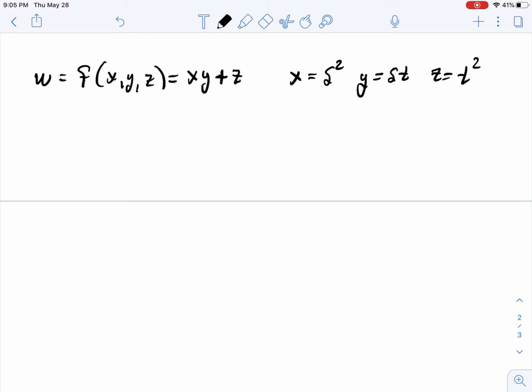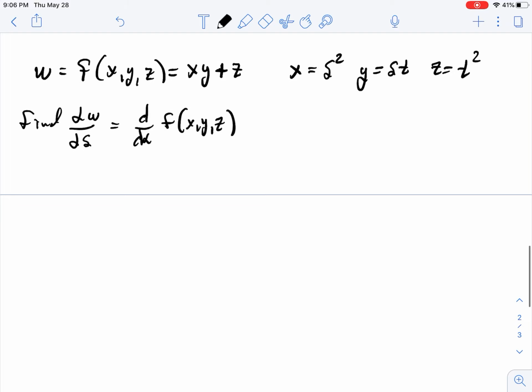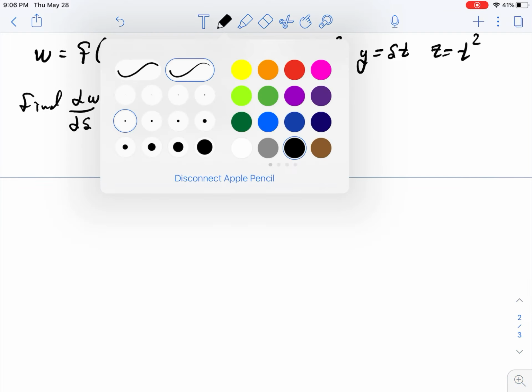Okay, so I'm not giving you any numbers. I just want you to do this. I want you to find dw/ds, which means that would be the same thing as saying the derivative d/ds of the function f of x comma y comma z.